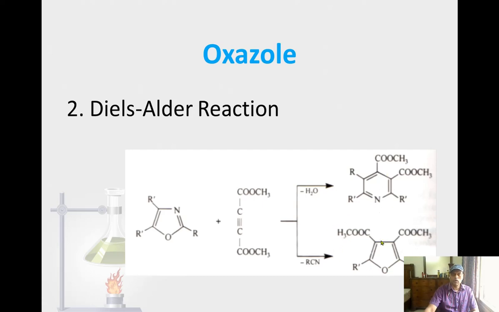So two different products you are going to get because of the Diels-Alder reaction, but the reaction is because of the alkyne molecule that is going to react with the oxazole. So this is the Diels-Alder reaction, right?